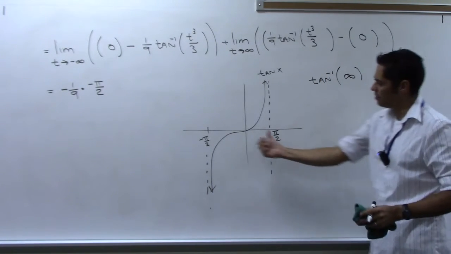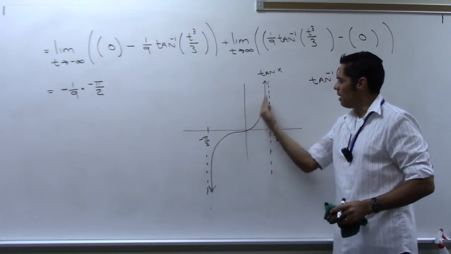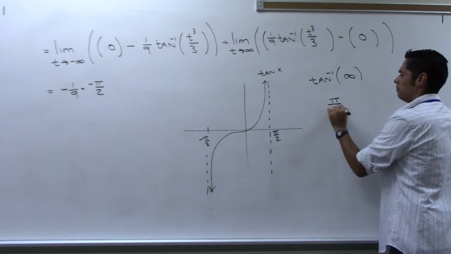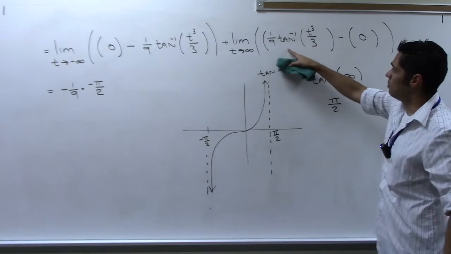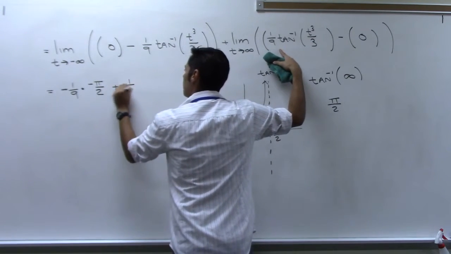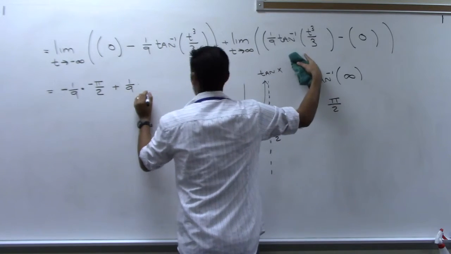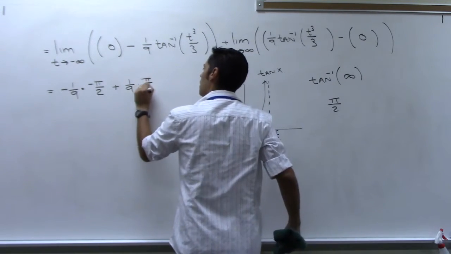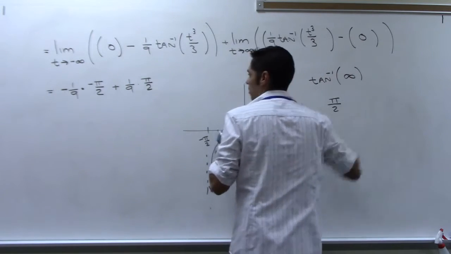And that's going to be this side right here. So you go to positive infinity, that happens at pi over 2. So this thing is pi over 2. So this will turn into plus 1/9 times this, which is pi over 2. And then you have 0, so it doesn't matter.